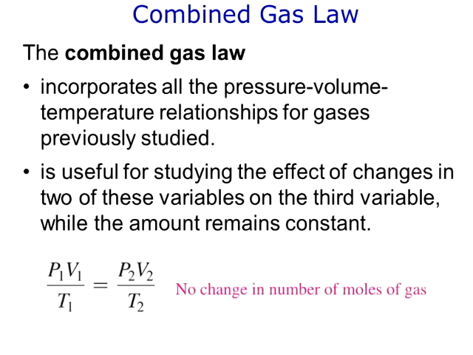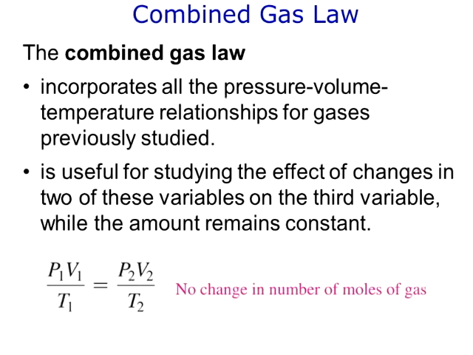So we change 2 variables and we look at the third variable while the amount remains constant. Since the amount remains constant, we do not include it in any calculation, which means that in the combined gas law, we do not see the moles. So the combined gas law is holding the moles constant. And that's important to note. No change in the number of moles for the gas.